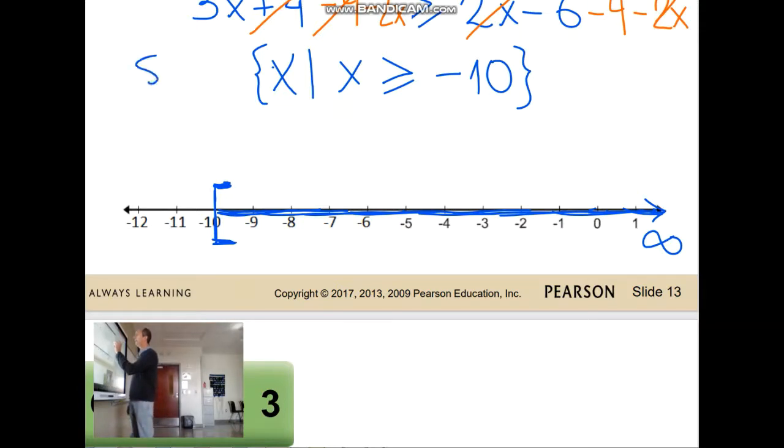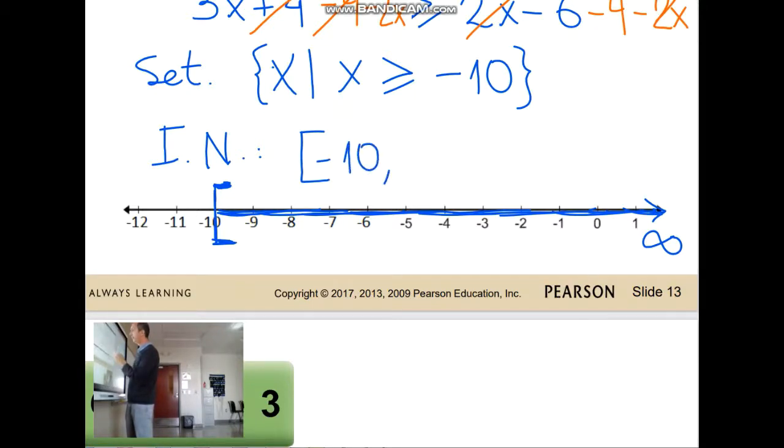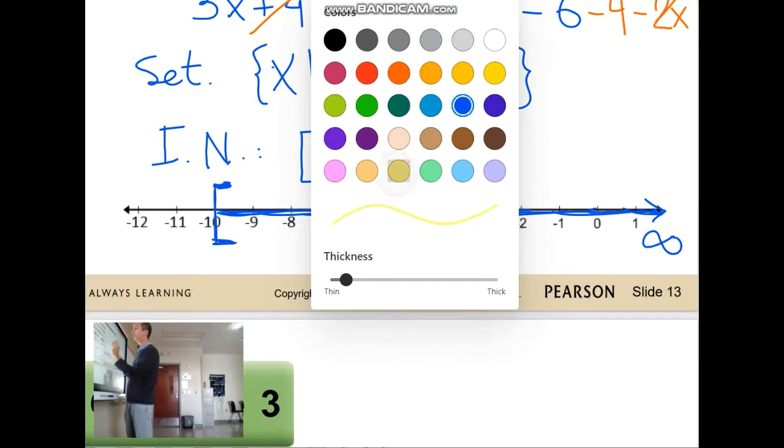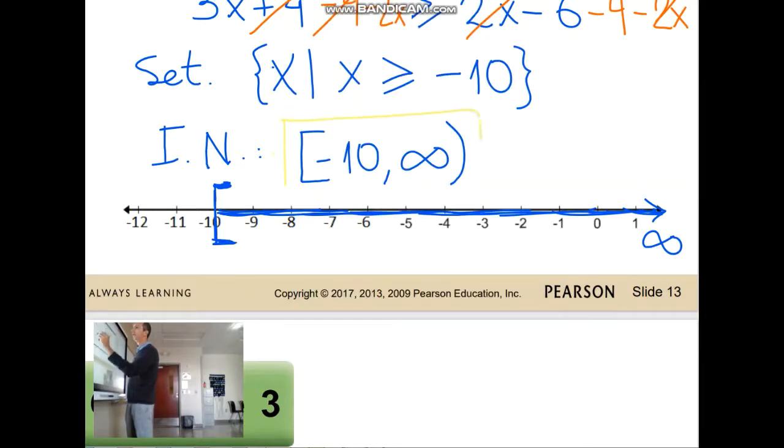Interval notation is not parenthesis, but bracket, negative 10, because negative 10 is included, all the way to infinity. Every time you represent using infinity, you're going to use parentheses. Interval notation is this.